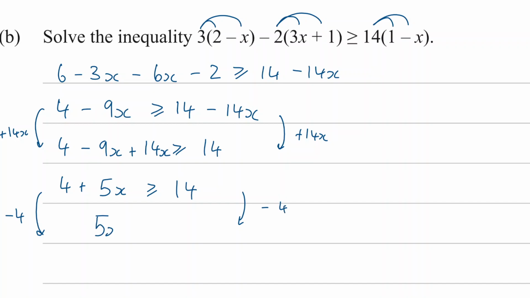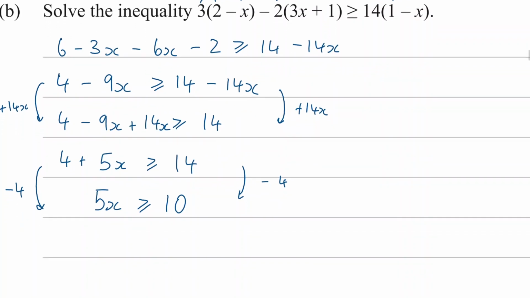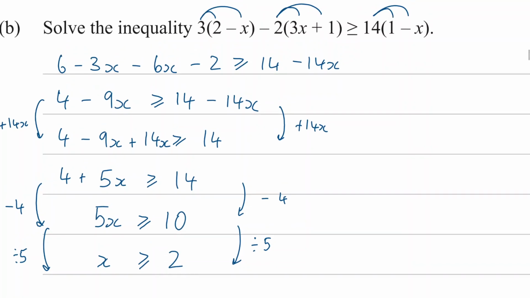And we're left with 5x is greater than or equal to 14 minus 4, that's just 10. And I want x by itself, so I'm going to divide the left-hand side by 5 to get just x. But since it's an inequality, I need to do that on the right-hand side. 10 divided by 5 is 2. And that would be our final answer.